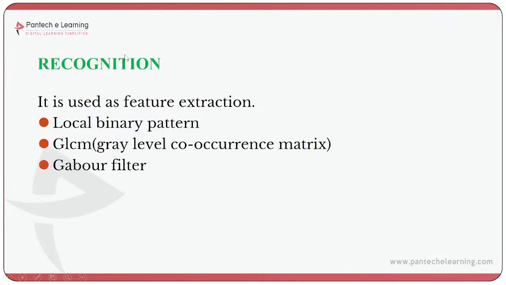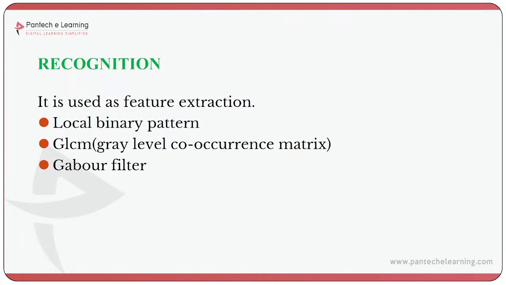Okay, so next thing is image recognition. Why do we go with image recognition? If you are going with machine learning and computer vision techniques, image recognition is used a lot, to train the model and classify the object according to patterns.